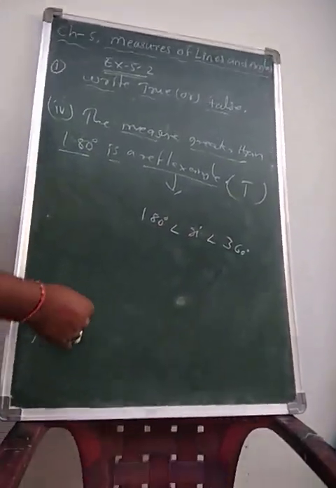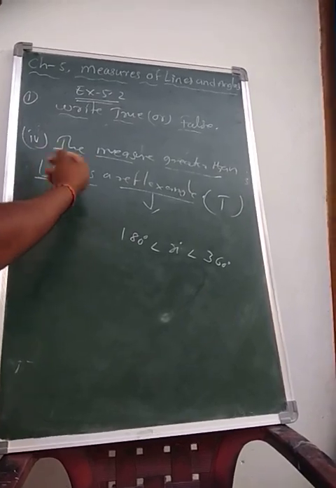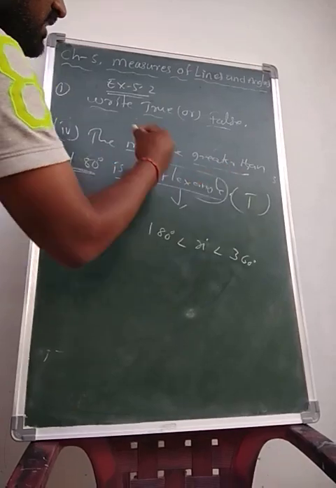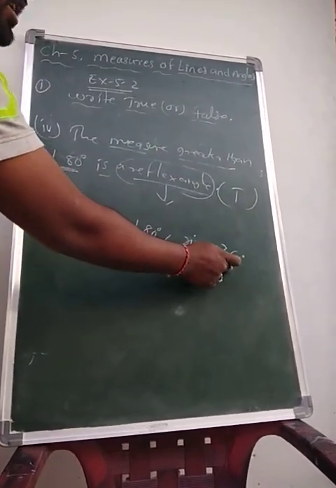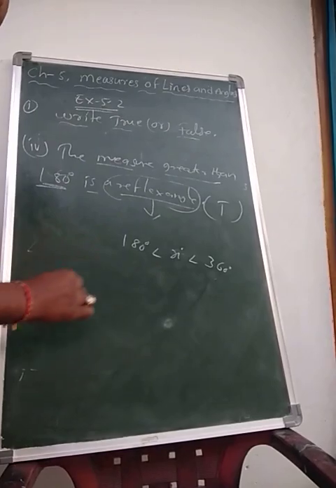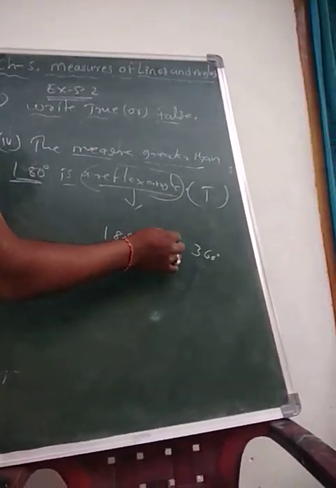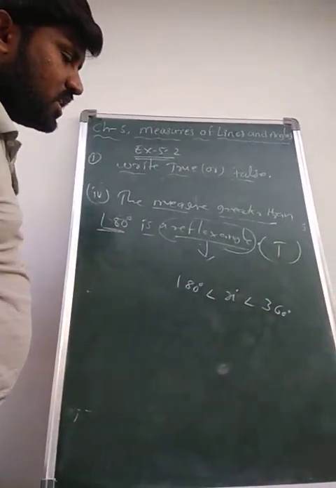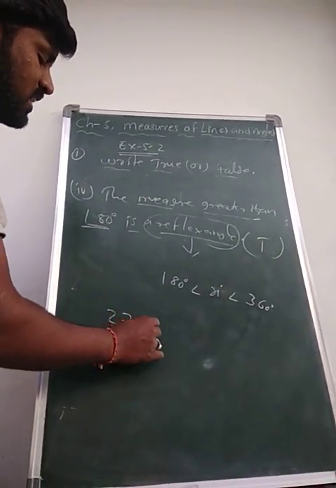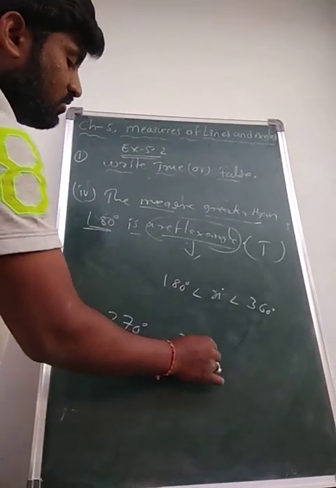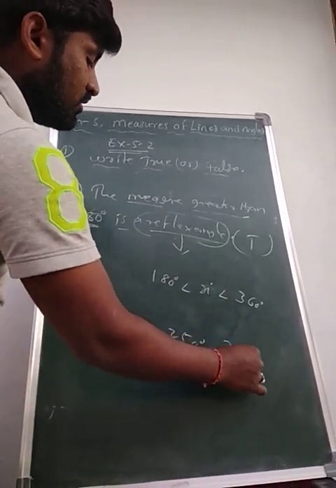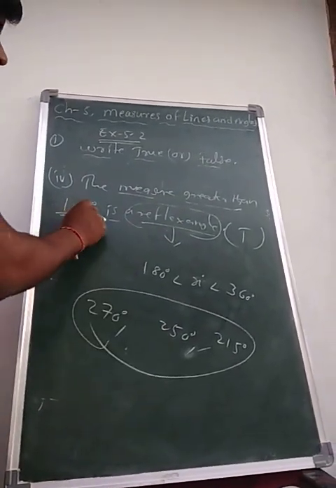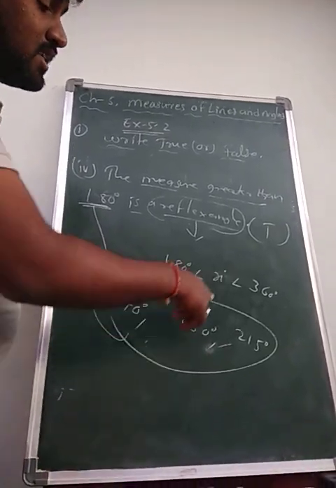Is it clear? Angles greater than 180 degrees are called reflex angles. But 360 degrees is not a reflex angle, it's a complete angle. So a reflex angle means in between 180 degrees and 360 degrees. For example, 270 degrees, 250 degrees, 215 degrees, these all are reflex angles because they are more than 180 and less than 360.